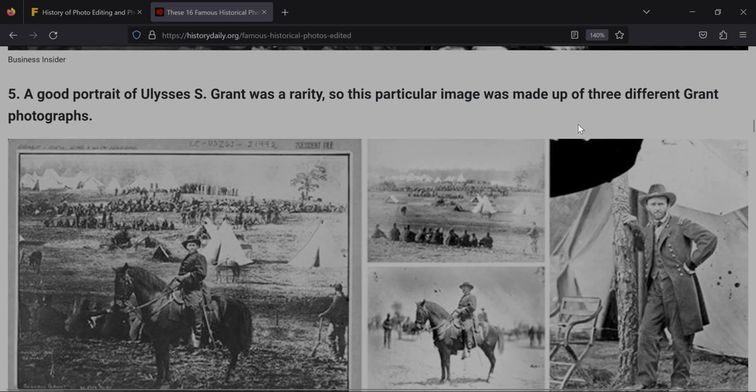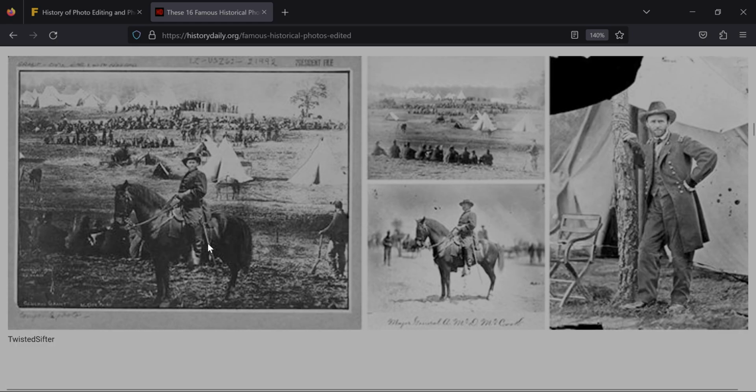Now, this is not the last American president we're going to see today. It says a good portrait of Ulysses S. Grant was a rarity, so this particular image was made up of 3 different Grant photographs. You can see this is the image that's made up of that image, this image, and this image, to create a completely fake picture that never happened.